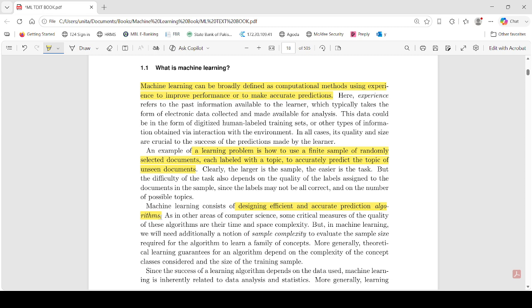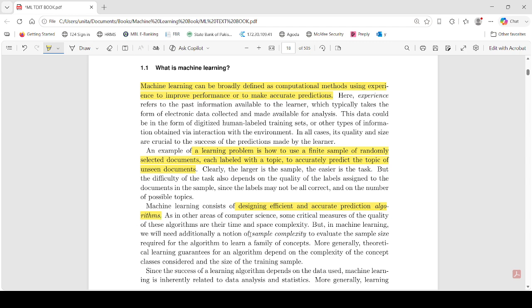In other areas of computer science, some critical measures of the quality of these algorithms are their time and space complexity. Whenever you want to see the performance of any algorithm, you can take the time or space complexity. But in machine learning, we additionally need a notion of sample complexity.